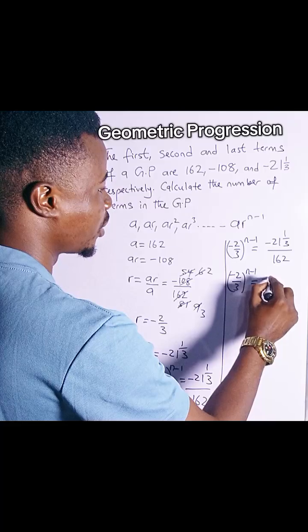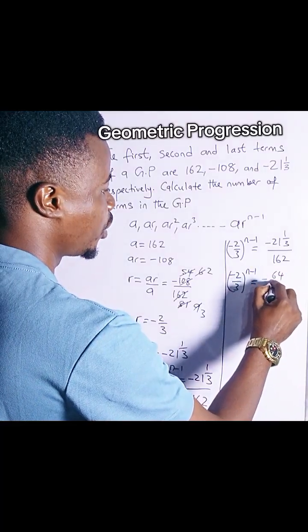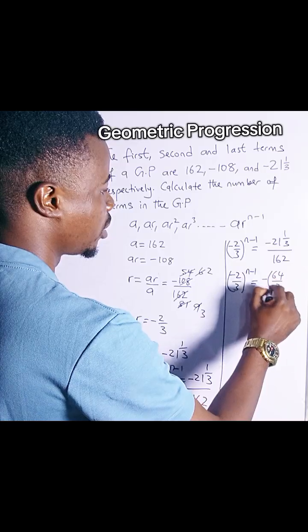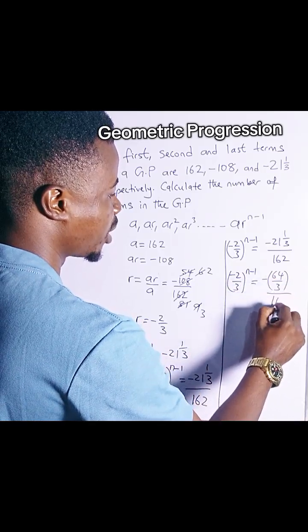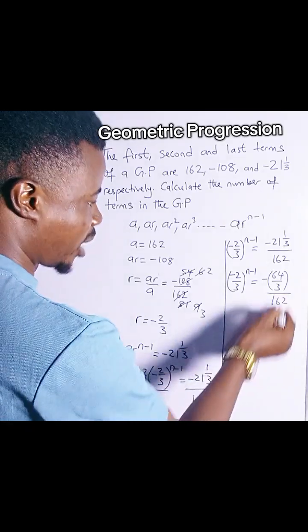So we have minus 64 over 3 divided by 162. We can still simplify this.